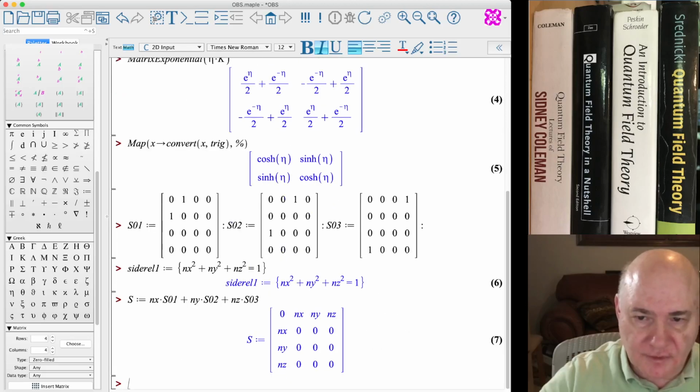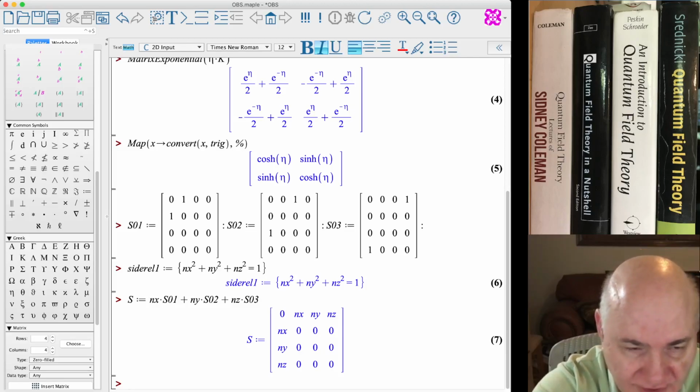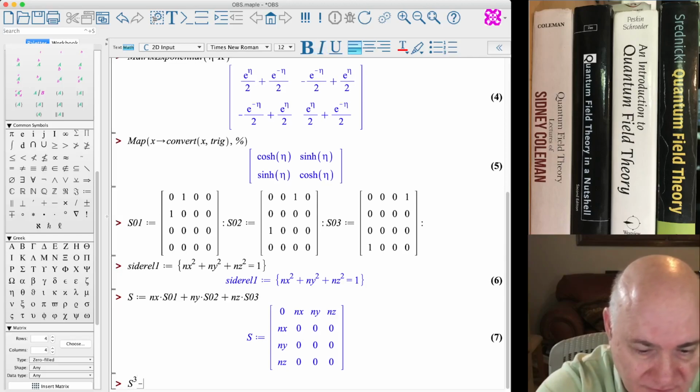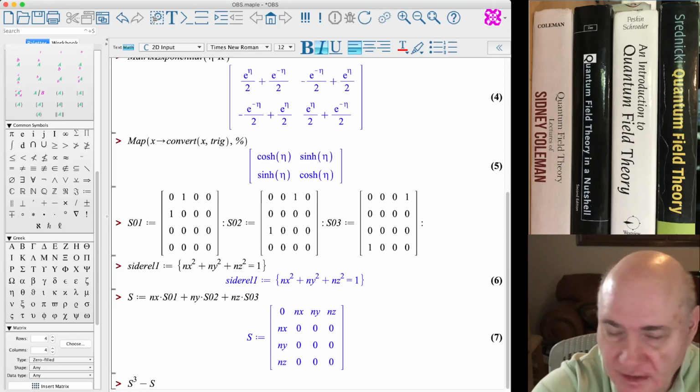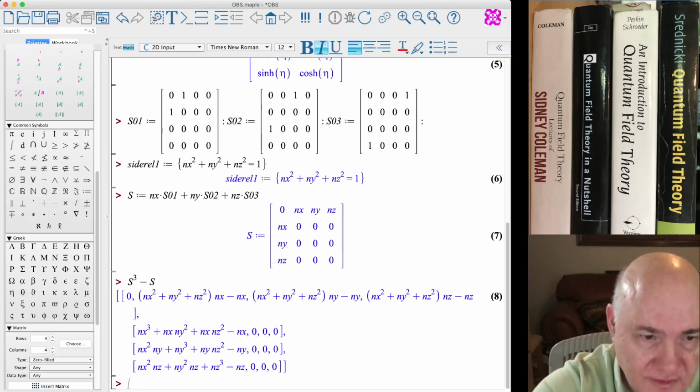Okay, so that's our matrix S. And evaluating the exponential is a little bit harder than we usually have because we're working in 4 dimensions. But what you want to just show is that S wedge 3 minus S, and you want to show that this is 0. In other words, that S cubed is equal to S.